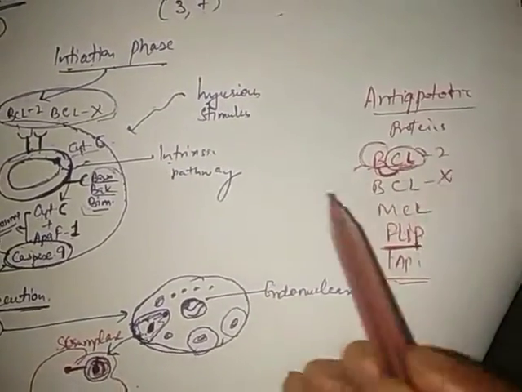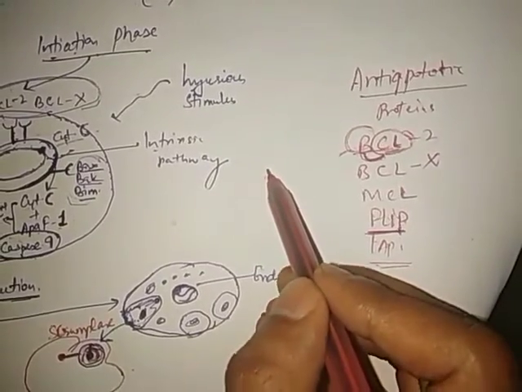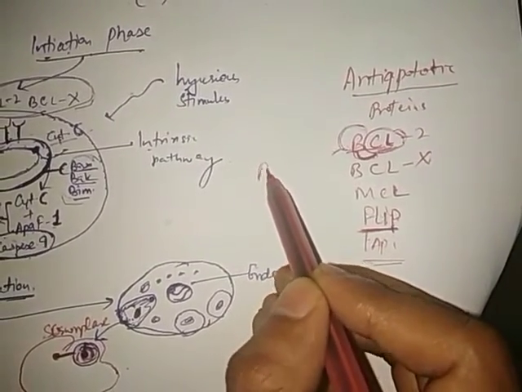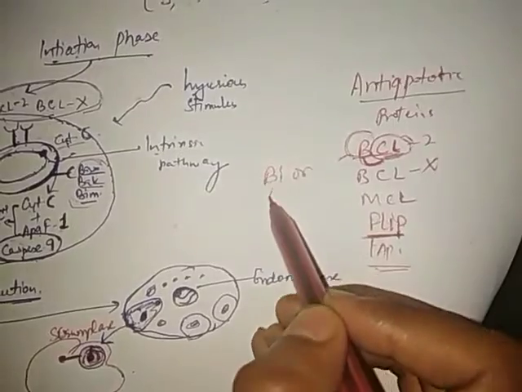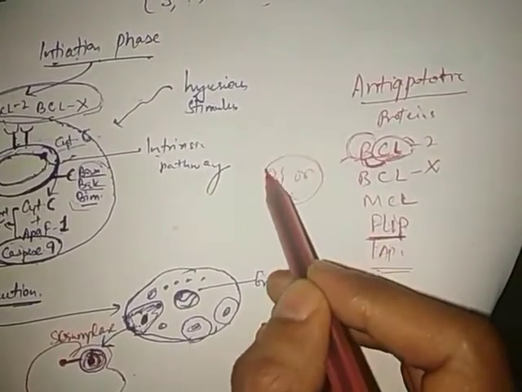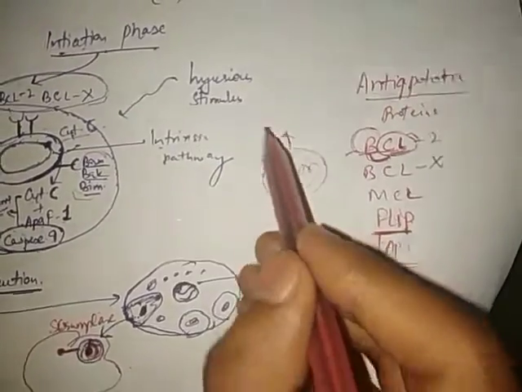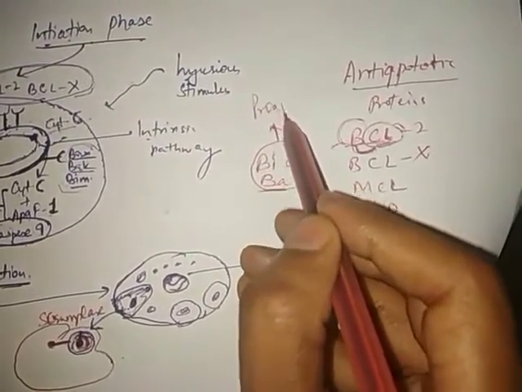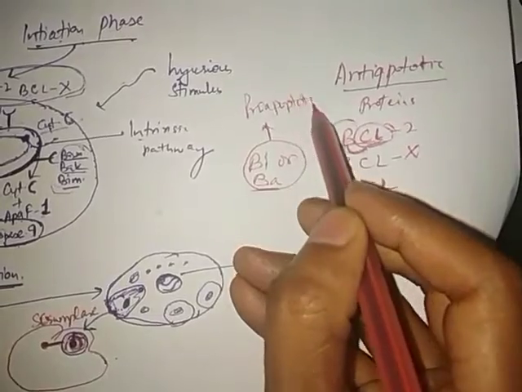Okay, and the pro-apoptotic proteins, you can remember, are the ones having BI or BA in them. That will be the pro-apoptotic.